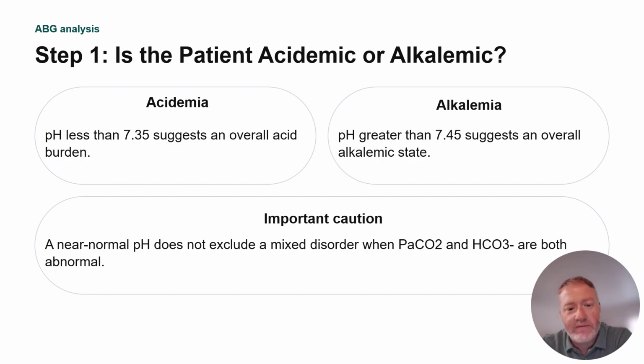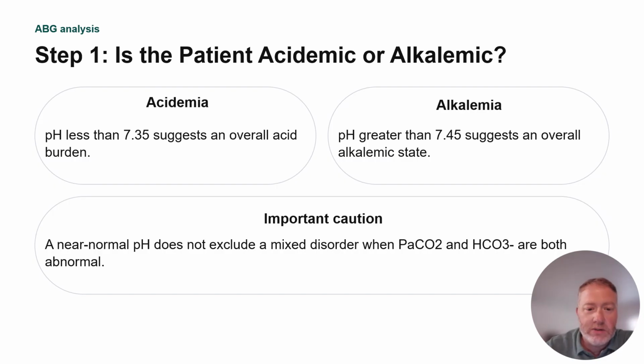Anything under 7.35 suggests an overall acid burden, and anything over 7.45 suggests an overall alkalemic or alkaline state. A near normal pH does not exclude a mixed disorder when both the CO2 and the bicarb are abnormal. Just FYI, caution for that.